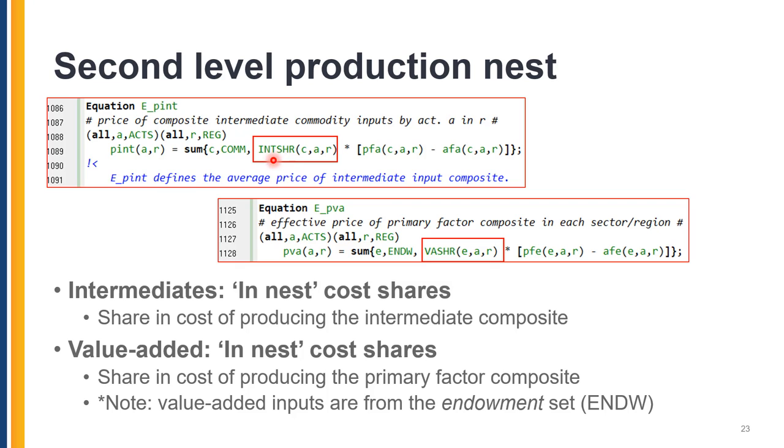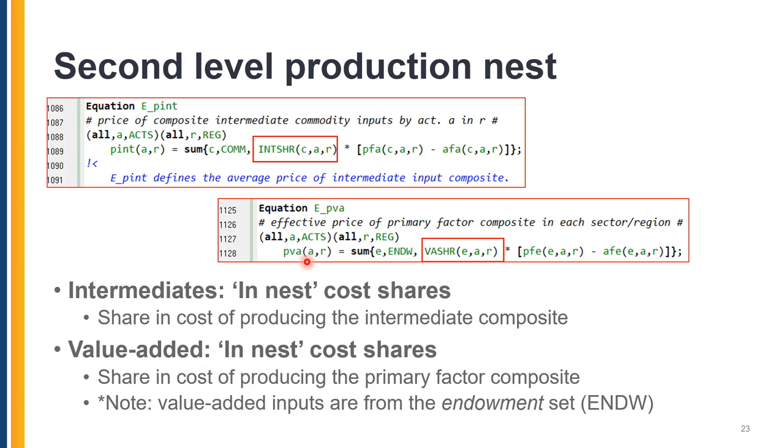The shares here are going to be intermediate shares. That means the intermediate composite good will have its own cost, and we take all of the individual intermediates, their share in that composite cost, and use those to get the share-weighted price for the intermediate.